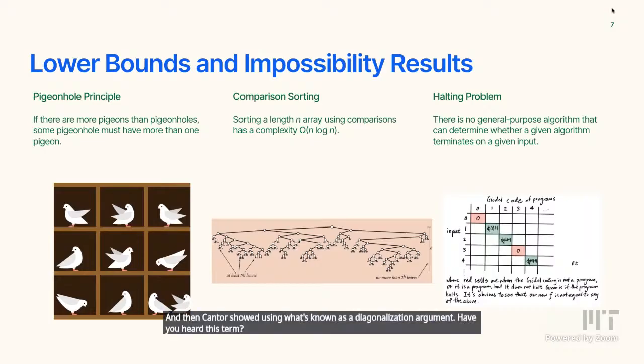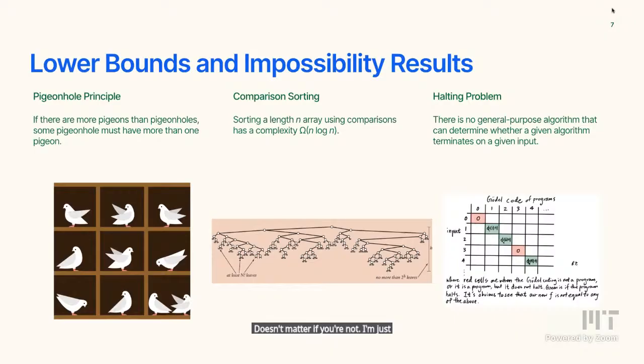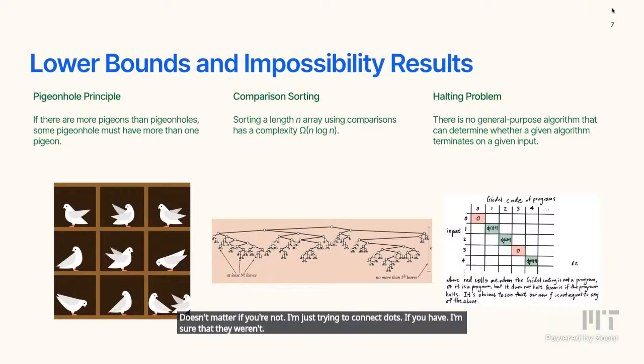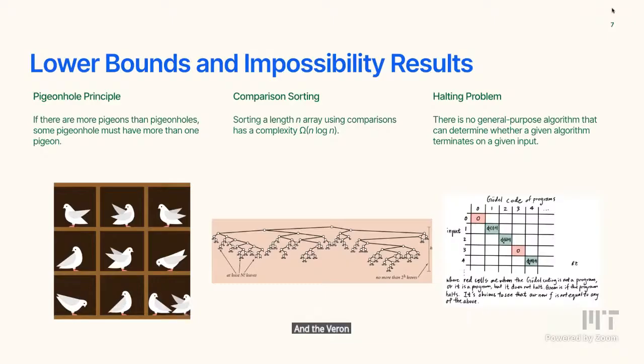Doesn't matter if you haven't. I'm just trying to connect dots if you have. He showed that they weren't countable. And the miraculous thing is that something which is in the depths of real analysis, so to speak, can also be applied to computer science and show that testing whether a program halts on an input is also impossible. It's essentially the same argument.